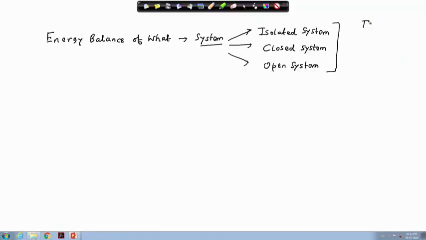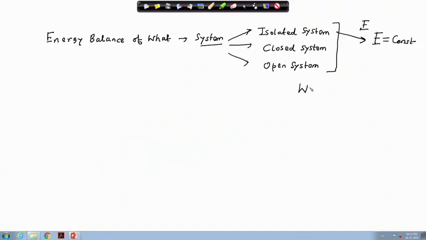For example, if we use symbol E to be the total energy of a system, then for an isolated system, of course, E is constant, because we know that it does not exchange mass or energy with the surrounding. So, let us focus more on the energy balance of a closed system, where exchange of mass is not allowed with the surrounding, but exchange of energy is allowed.